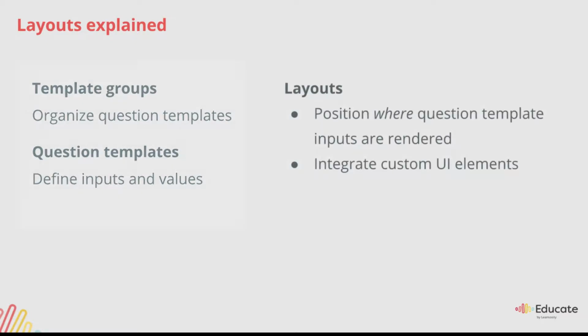Think of it like a handlebars, mustache or underscore templating engine: you're just specifying little placeholders for where you want things rendered. That's what we have layouts for. You can also use them to integrate your own custom functionality to make it look like a part of the editor, but it's actually your stuff. So a quick look at what we might do there.